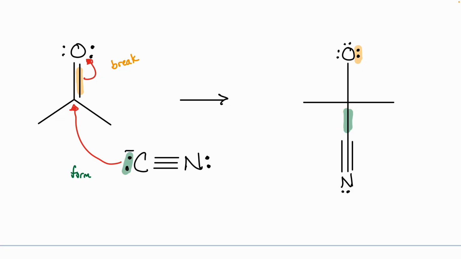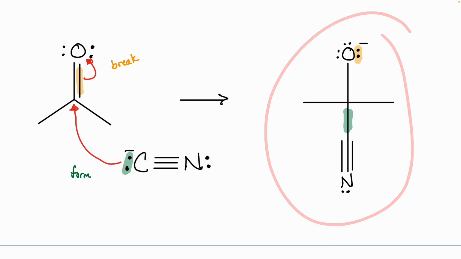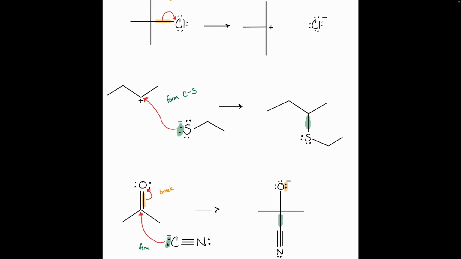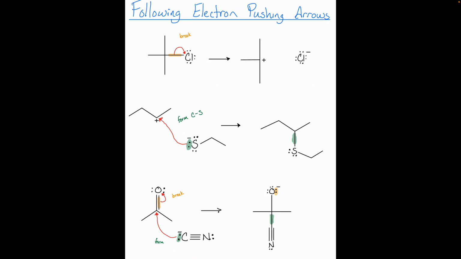And then what am I missing? Formal charge. My oxygen's got that bonding pattern for that -1 formal charge. I could also just note that since I had a net charge of -1 over here, I better have a net charge of -1 over here as well. Cool. All right, so we were following these electron pushing arrows, right? I put these arrows in, and you told me what the product of that step would be.